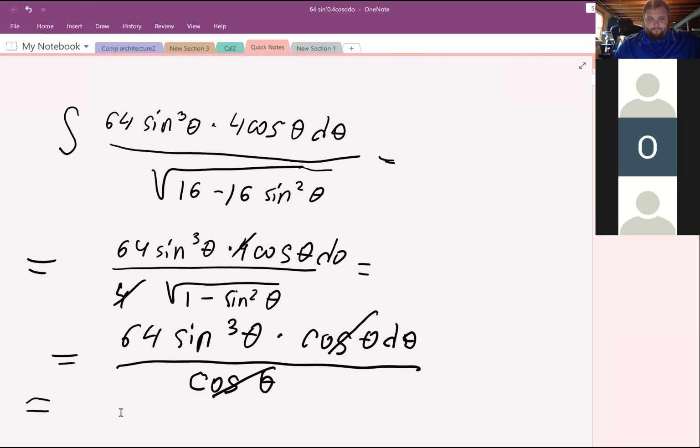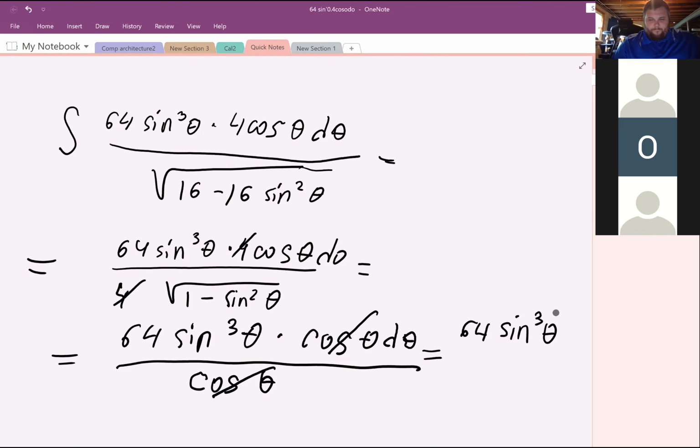I think you can get a new page with this. No, oh my gosh, I just got this computer, Surface Pro, so I'm trying to... okay, so it's gonna be 64 sine to the 3 like this.